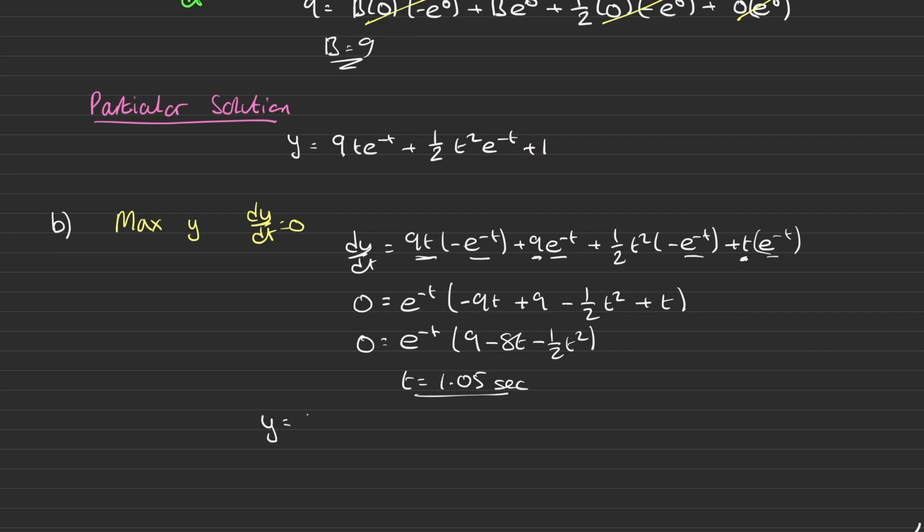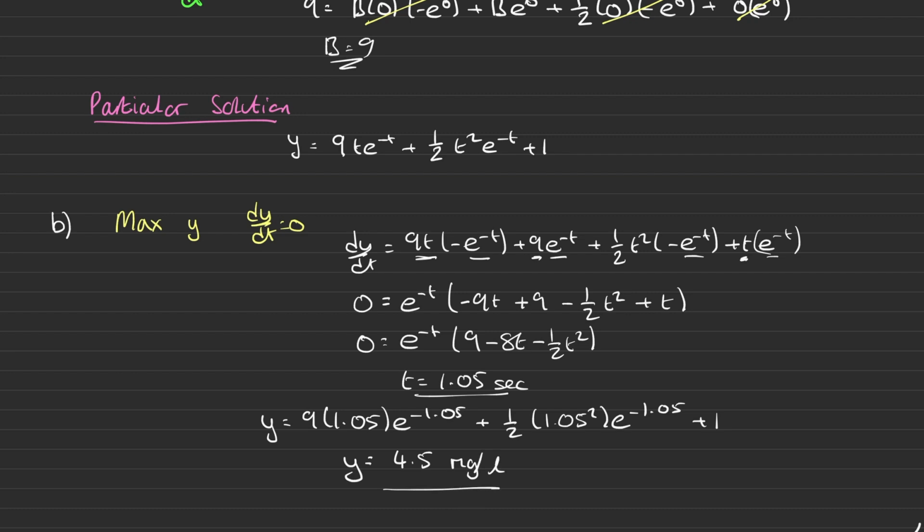So y will equal 9 lots of 1.05 e to the negative 1.05 plus 1/2 of 1.05 squared e to the negative 1.05 plus a 1. When we work all of this out, we get approximately 4.5 milligrams per liter. So that's our maximum concentration here.